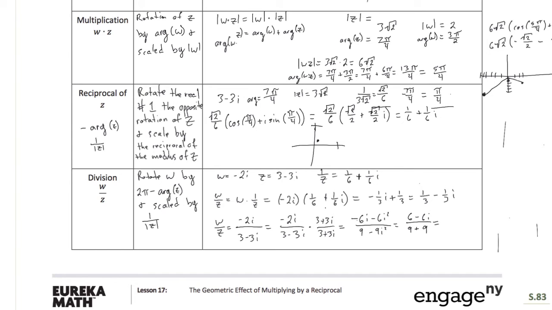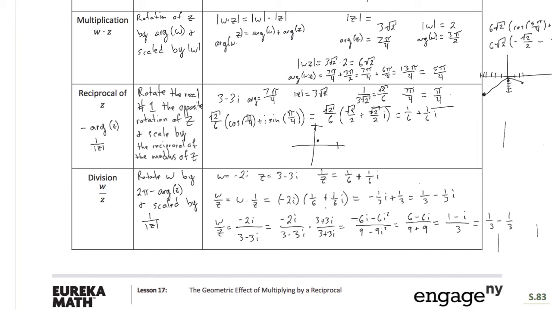Okay, let's just take a 6 out of everything. And we're going to get 1 minus i over 3, which will give us our 1 over 3 minus 1 over 3 i.